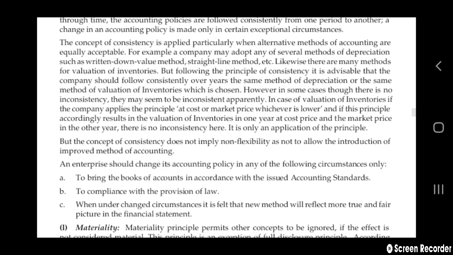Likewise, there are many methods for valuation in the balance sheet.